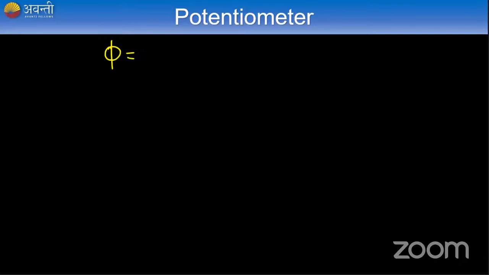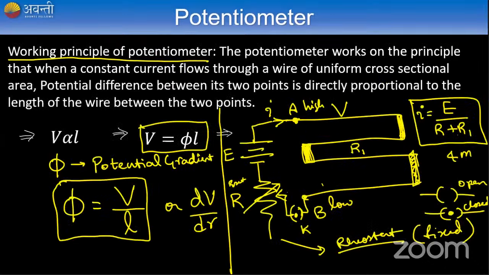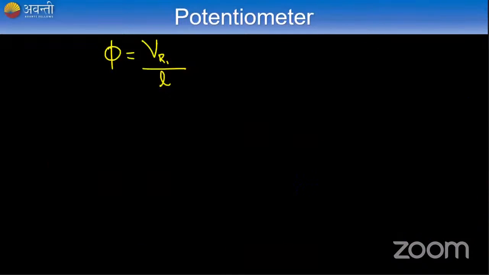Phi will be equal to, yes, the potential across the 4-meter wire, V R1, upon the length of that wire L, right? So what is V R1 here? If this is the potential across this wire AB, what is the value of this potential V R1?